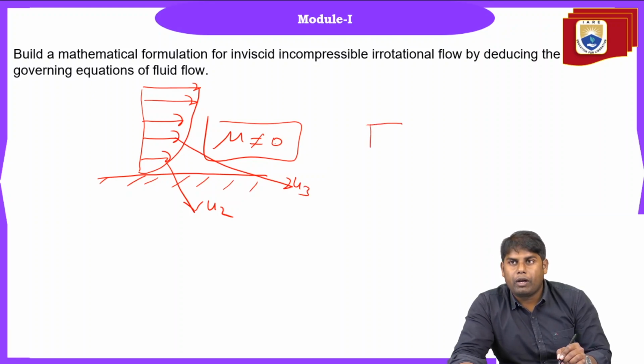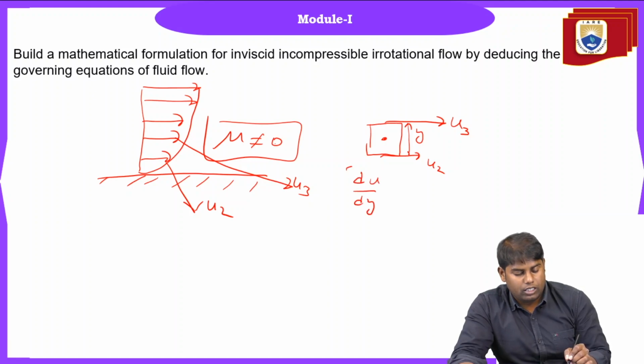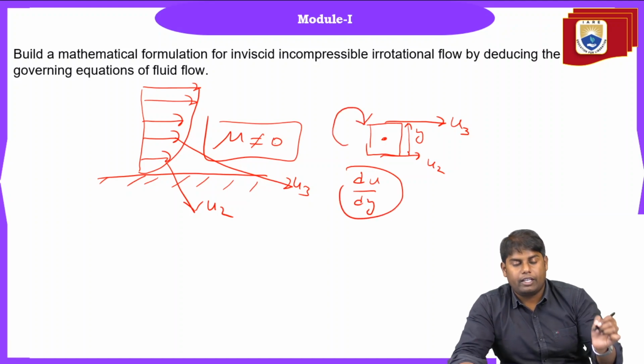We have a fluid particle here, and this is the center. You have this velocity U3 and this velocity, which is lower, U2. Because along the y direction you have a change in velocity, du by dy, we have the rotational effect of the fluid particle in this direction.